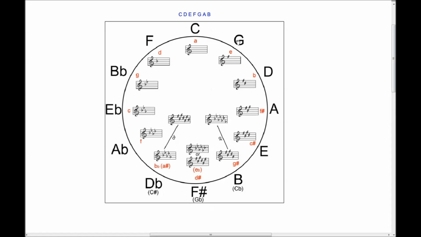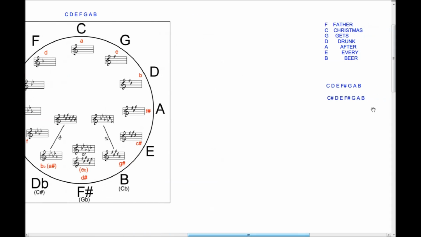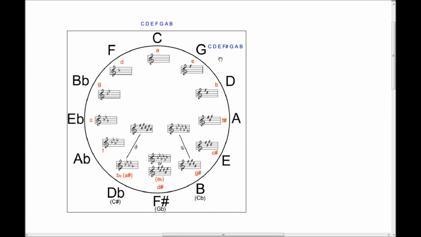Now if we look at the notes for the G major scale, it contains one sharp, the F sharp, I'll cover that later. But the notes for the G major scale, I've written them over here, are G, A, B, C, D, E, F sharp.